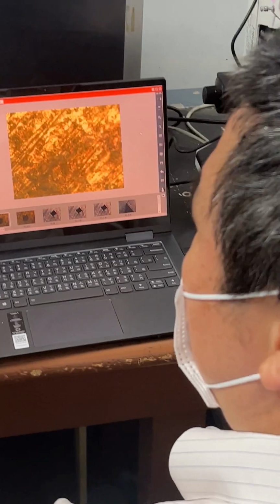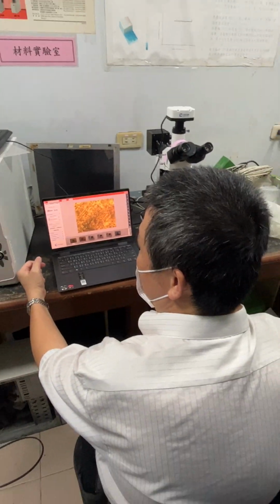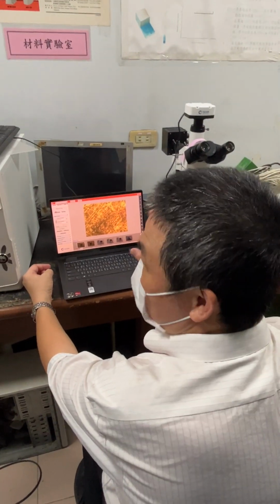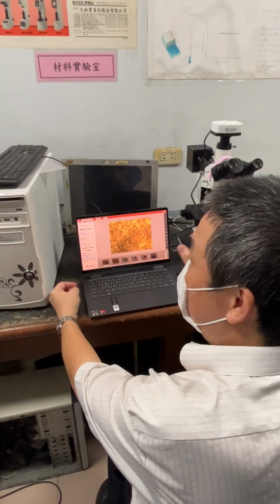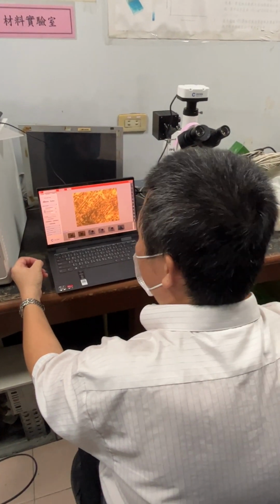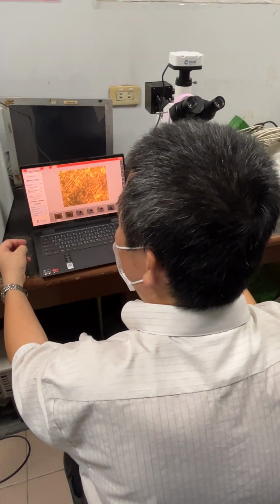Basically, the largest magnification for an optical microscope so far in the world is about 2000, but it's not easy to achieve. So 1000 probably is the largest that we commonly use.